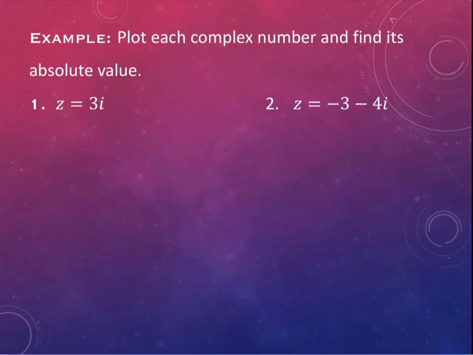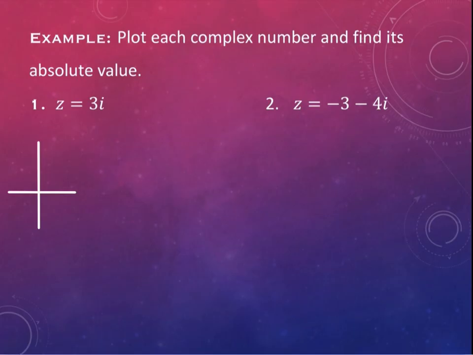So we're going to take a look at finding the absolute value and graphing these kinds of numbers. This first one is z equals 3i. So we are going to graph it first. If I have my graph, where will z equals 3i be? It'll be on the imaginary axis, what we would have previously called the y-axis, right?